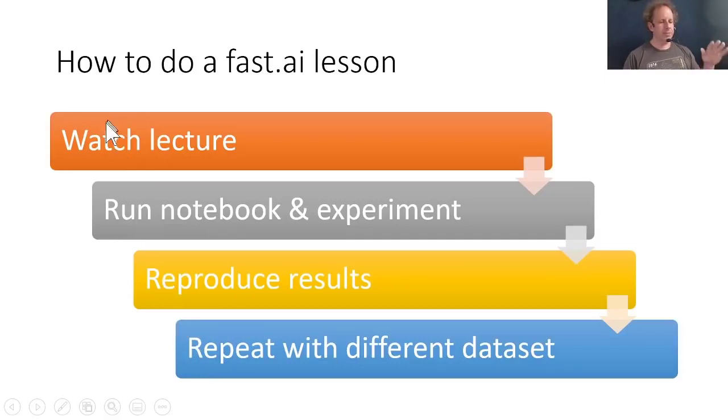So don't worry if you can't do all this right away. Certainly in lesson 1, that's going to be challenging. Just take it as far as you can, and as you go along, try to push yourself to do more and more. You could even go back to an earlier notebook and see if you can understand more and more of it. So let's take a look at what that looks like.